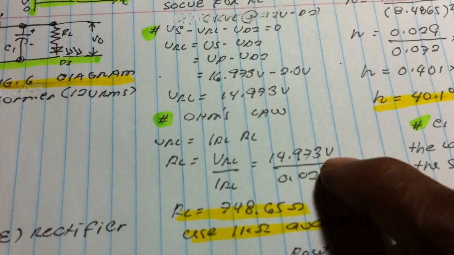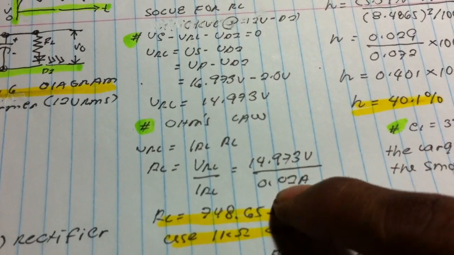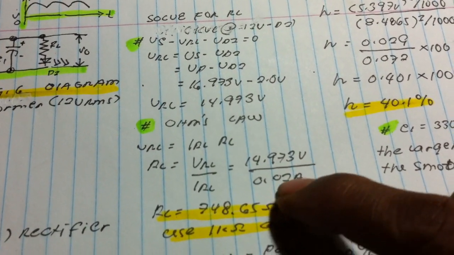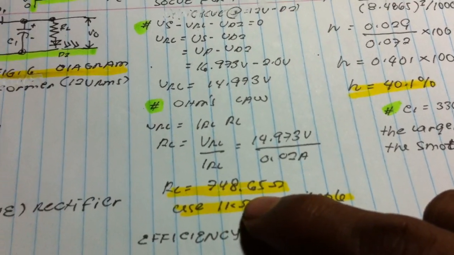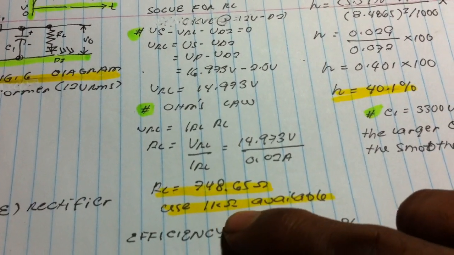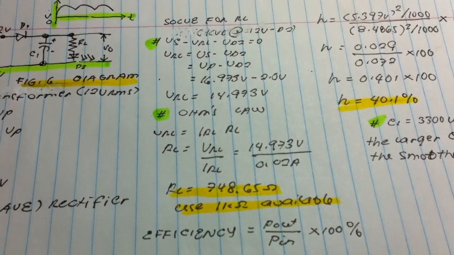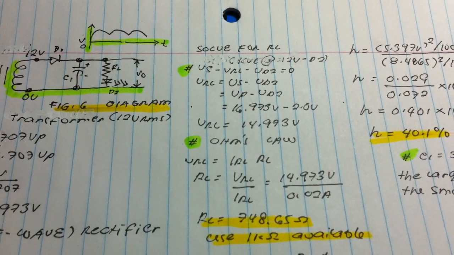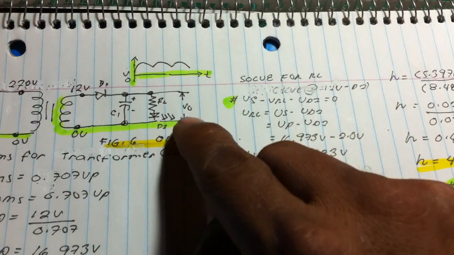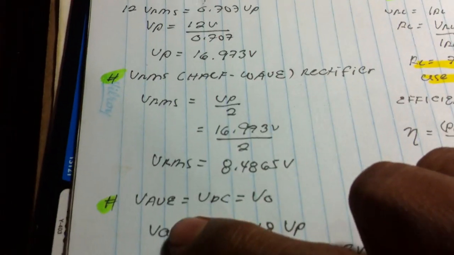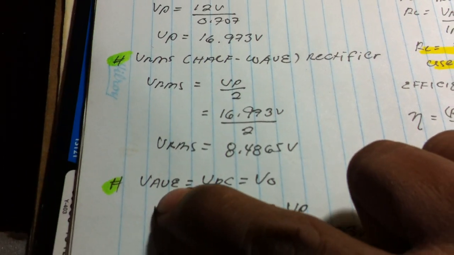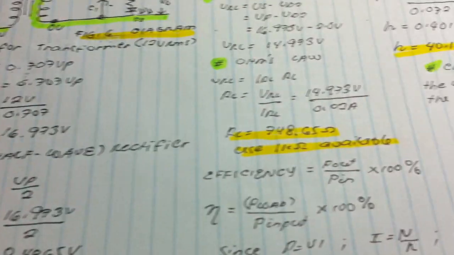Ohm's law, substitution, current rating of the LED to turn on, 0.02. We got 748.65 ohms. I use 1 kilo ohm, available. Then we know the value of RL.